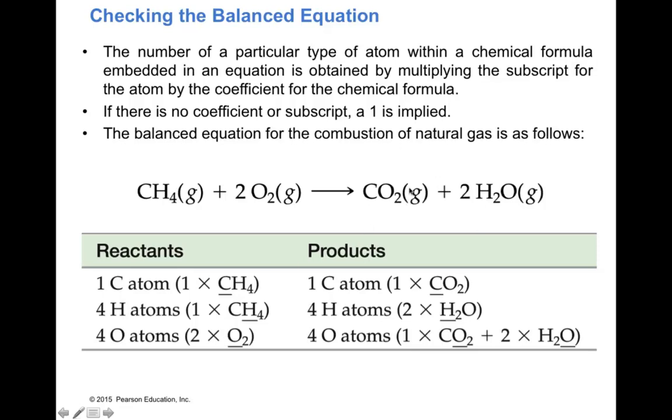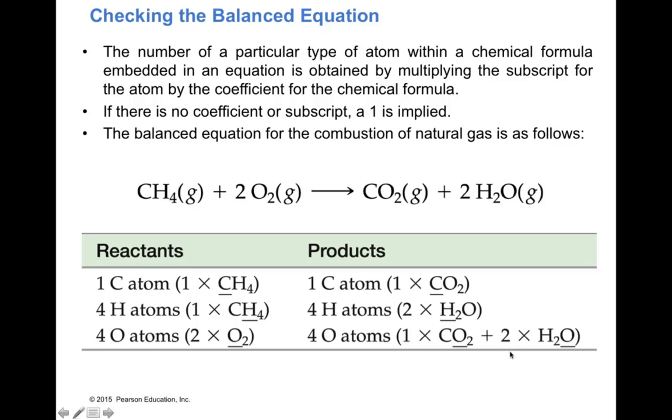Doing the same thing with the products, we have 1 carbon from CO2. We have 4 hydrogens from water, because we have 2 H2O, and for each H2O we have 2 hydrogens. And for oxygens, we have 2 due to 1 molecule of CO2, and we have 2 because we have 2 molecules of water, and each molecule of water provides 1 oxygen.